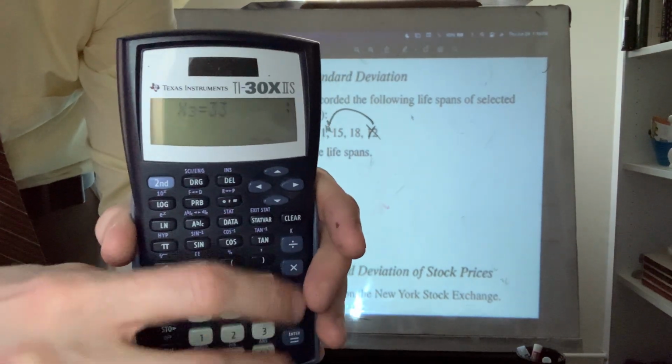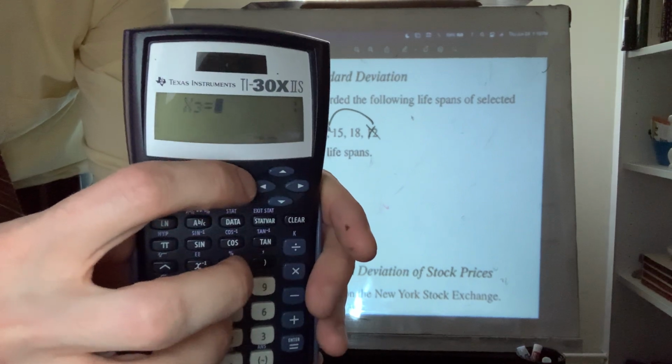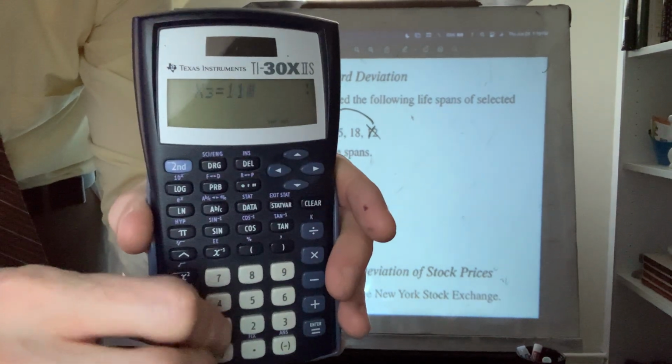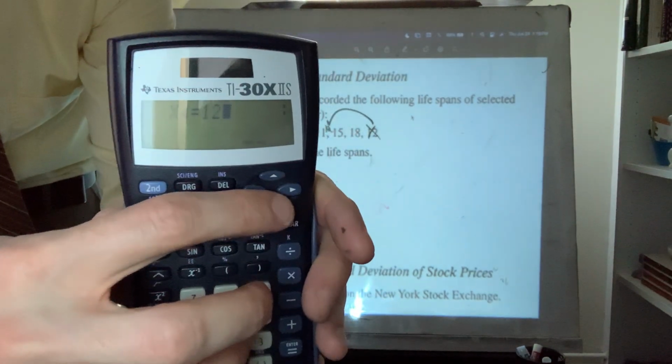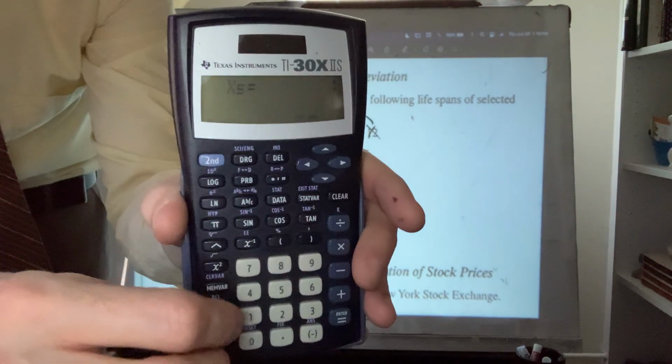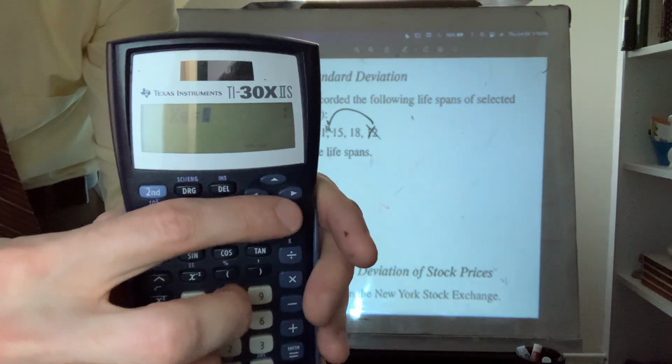That's 33, ding dong. Okay, sorry, delete. 11. 12, 15, 18.